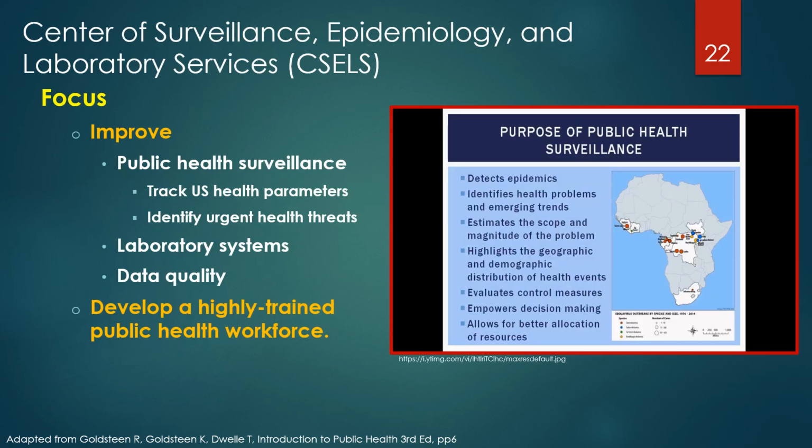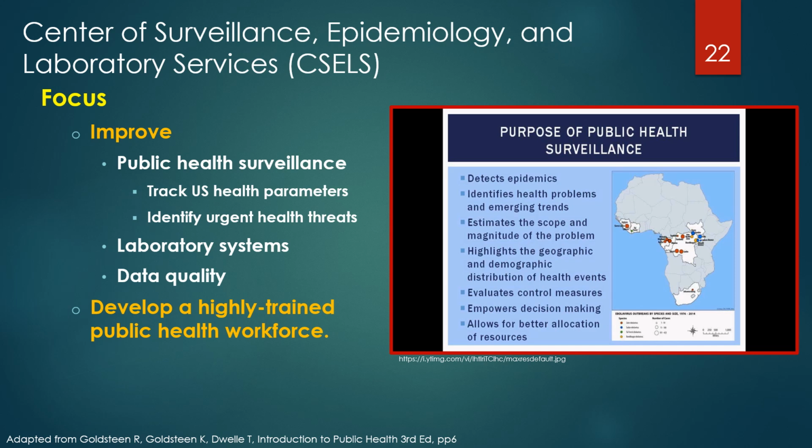The Center of Surveillance, Epidemiology, and Laboratory Services, CSELS, focuses on improving public health surveillance, laboratory systems, and data quality, while also ensuring the development of a sustainable, highly trained public health workforce.